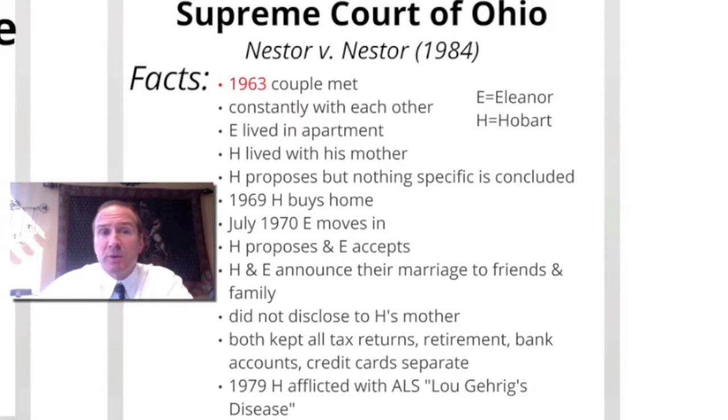So in this fact pattern, there's about a 20-year relationship between Hobart and Eleanor. And when Hobart dies, there's a conflict in the probate, and you can guess who the conflict's going to probably be with. It's going to be with Eleanor's possible mother-in-law, Hobart's mother. And so she's going to contest Eleanor's right to take any assets of Hobart's estate.